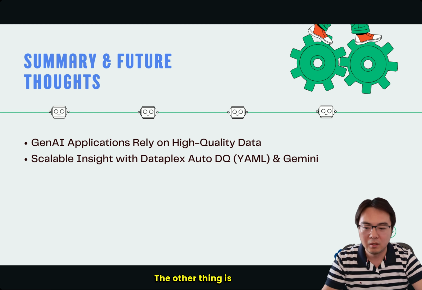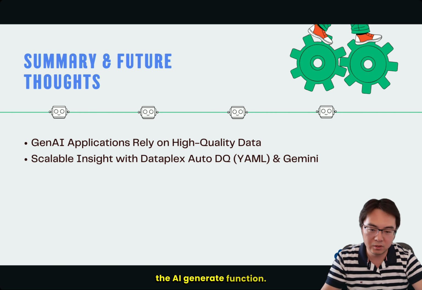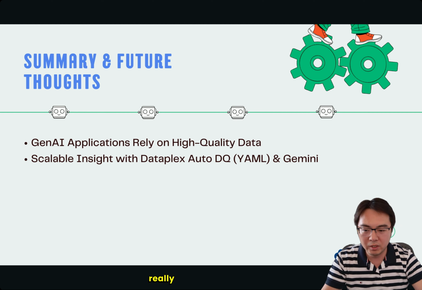The other thing is it really gives you a lot of insight if you combine the Dataplex Auto DQ, the YAML stuff, and then Gemini, right? I've not spent a great deal of time to tune the prompt, but you get the idea. You have the framework, you have the SQL, you have the AI.generate function. The combination of those things really allows you to generate very powerful insight in a way that you don't have to have humans reading SQLs anymore, because especially for data quality, you just want to know what is happening, right?